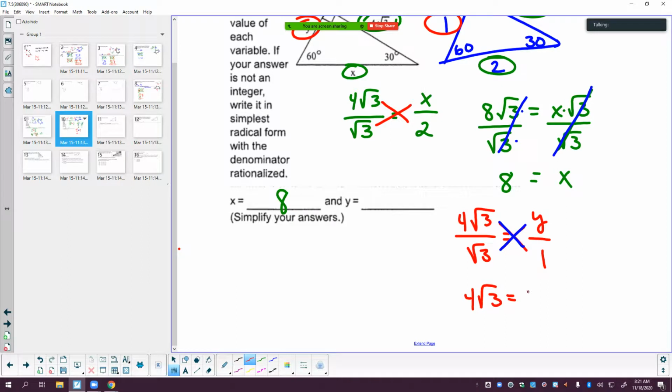Square root of 3 times y is y square root of 3. Divide on both sides, and those are going to end up canceling out here and here. So all you have left is that 4 is equal to y. Any questions about that?